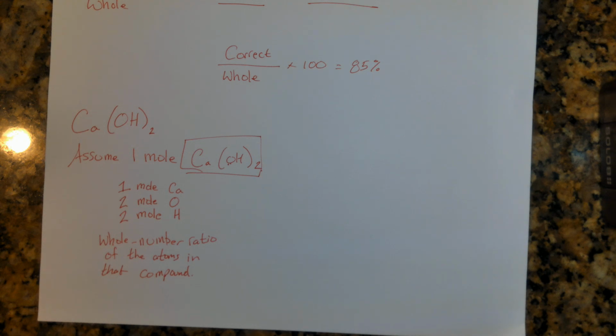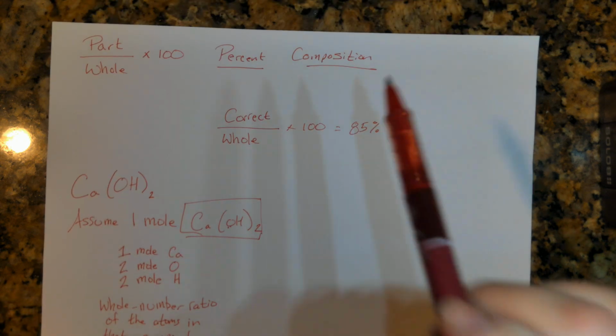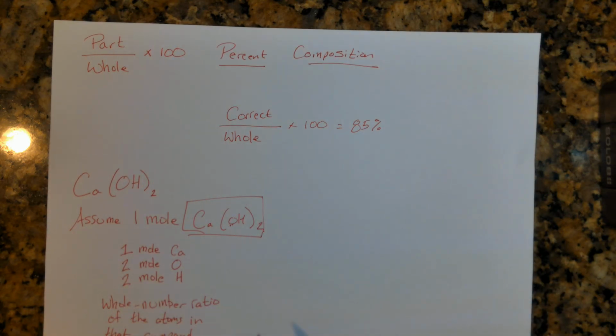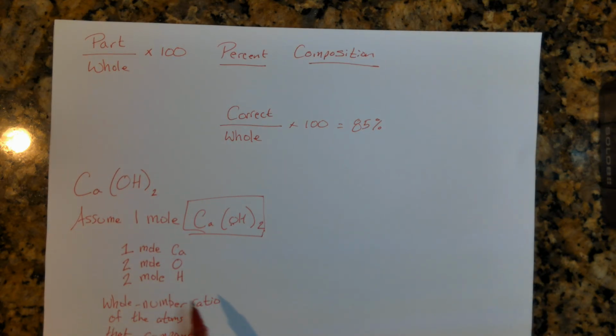So what we're going to be talking about today depends on these 2 concepts here, the percent composition as the part over the whole times 100, and this whole number ratio of the atoms in that compound.